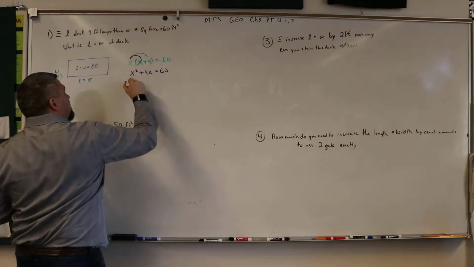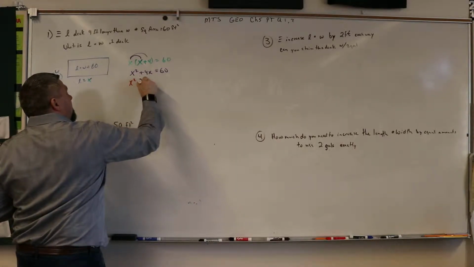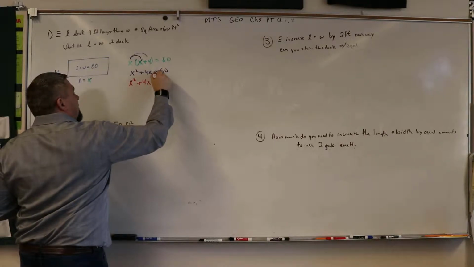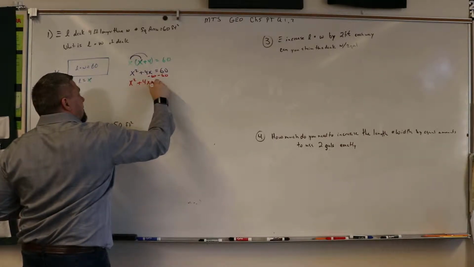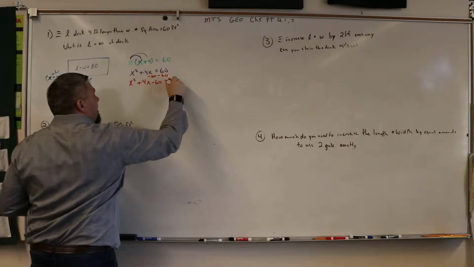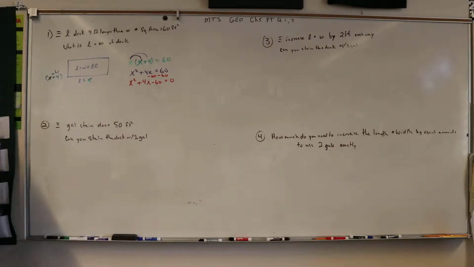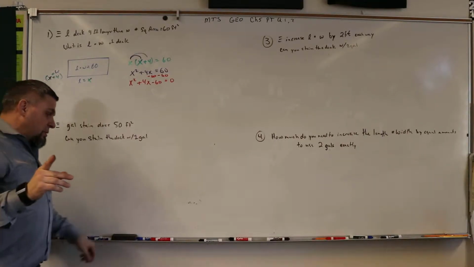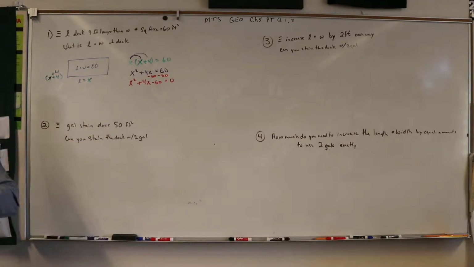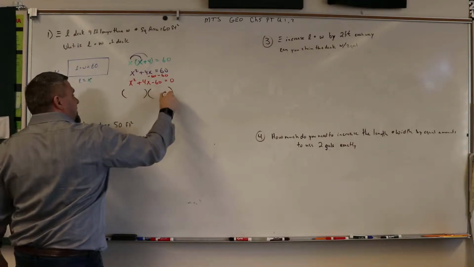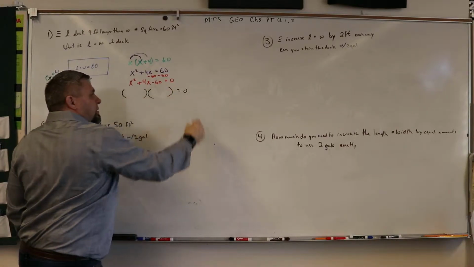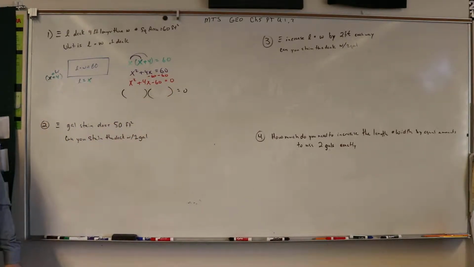So x squared plus 4x minus 60 is equal to 0. And then what are we going to do? Whenever we have 3 pieces, we factor.